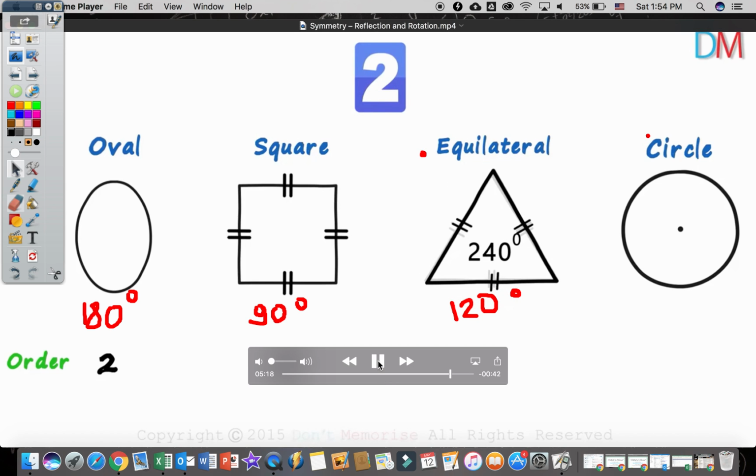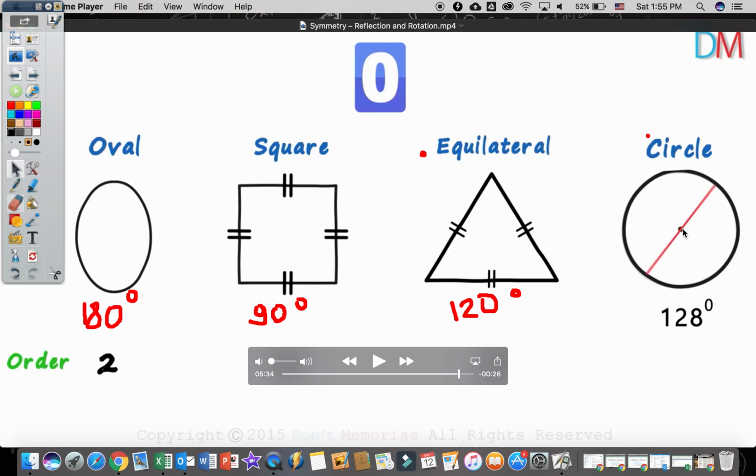And now let's see what will happen for the circle. Okay, so in a full rotation, the circle is always the same as given. If we are rotating the circle based on its center, it's always the same.